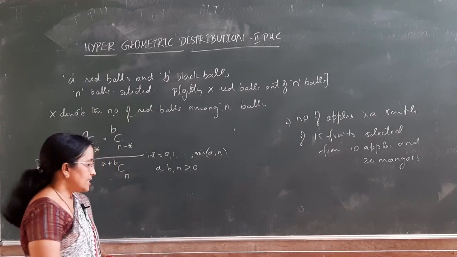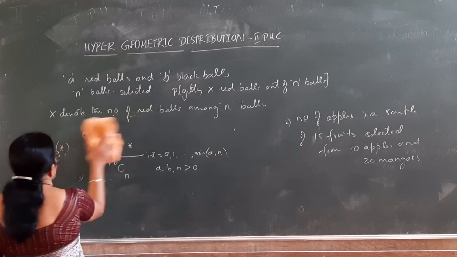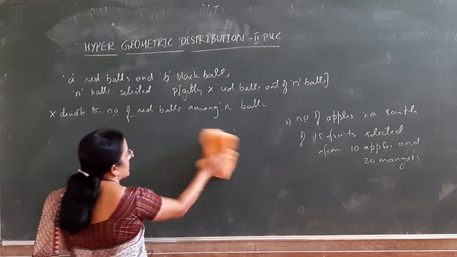Next, let us see how to write a hypergeometric distribution with given parameter values.